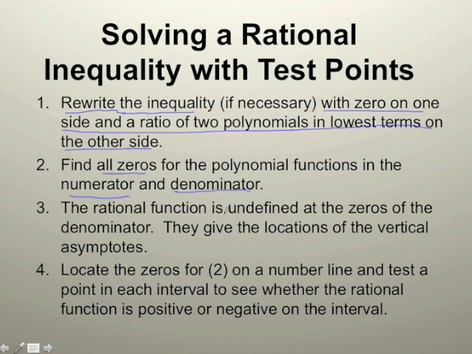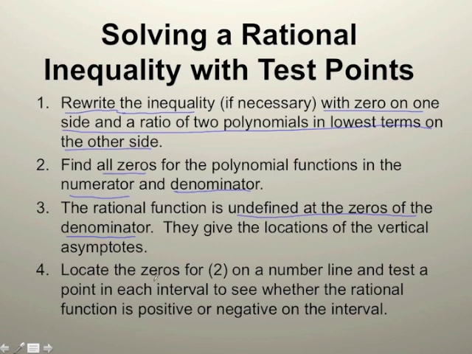The rational function is undefined for the zeros in the denominator because those would make the denominator 0, and we can't have that. And they give the locations of the vertical asymptotes if we were actually going to do the graph.